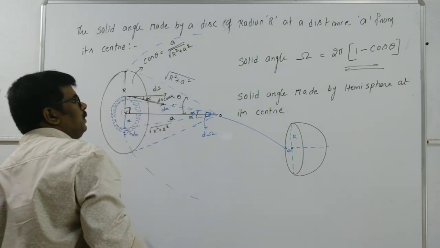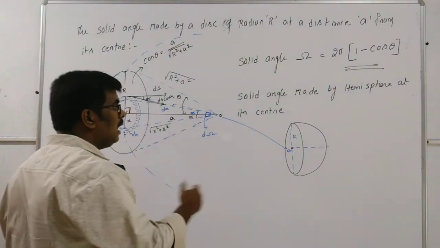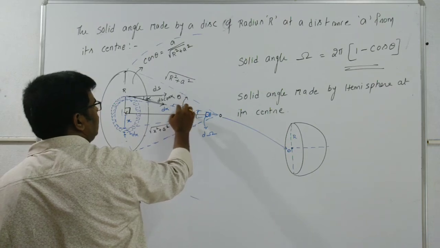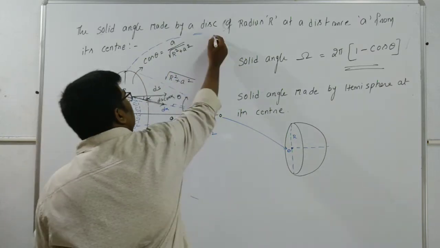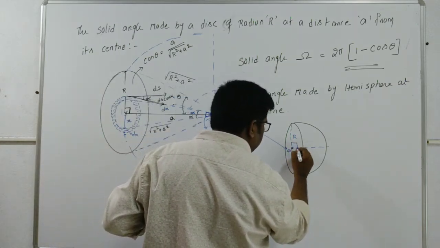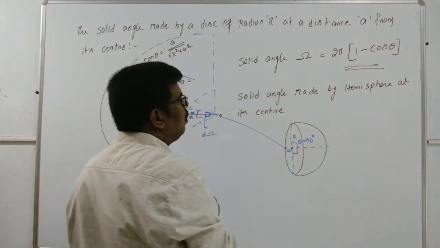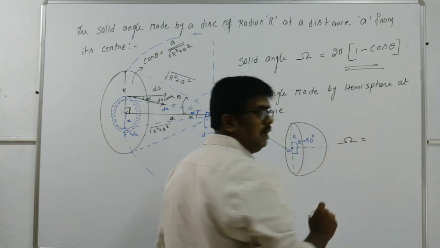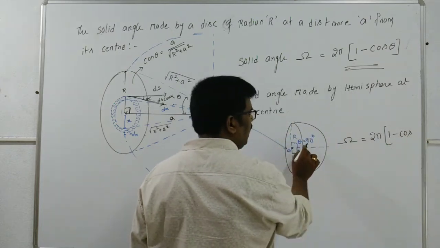So theta is 90 degrees. If you substitute 90 in the place of theta, what will happen? For a hemisphere, the angle theta becomes 90 degrees. According to the expression we already determined, the solid angle made by the hemisphere is omega equal to 2 pi into 1 minus cos 90 degrees.